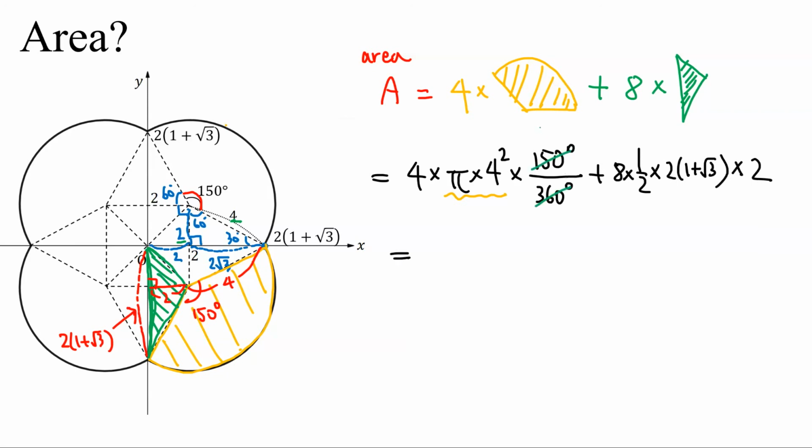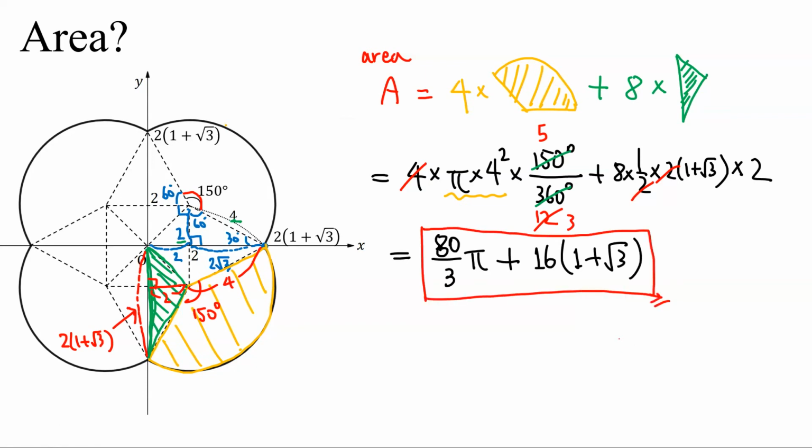So here this reduces to 5/12. And if we cancel with this 4, we have 3 here. And here we simply cancel out these 2. So we have 80/3 pi plus 16 times (1 plus square root of 3). And this is the entire area enclosed by the curve.